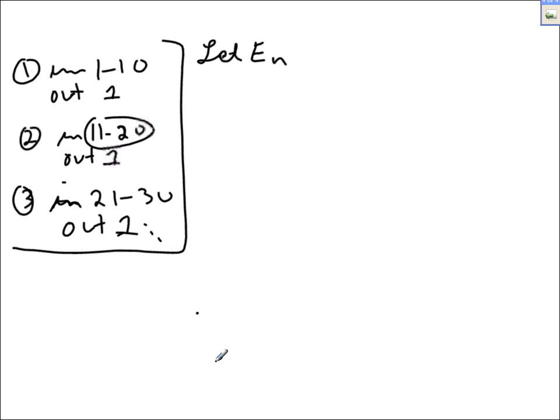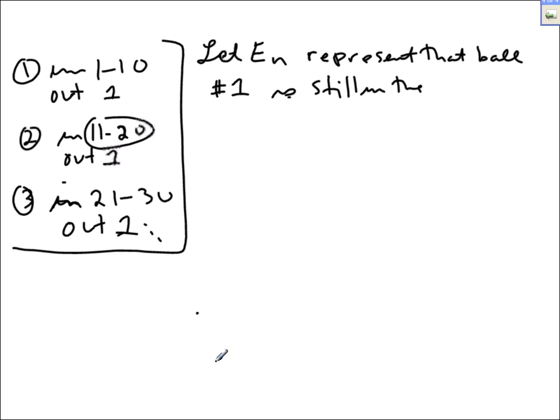Let En represent the event that ball number 1, or ball number K if you prefer, is still in the urn after the nth step.